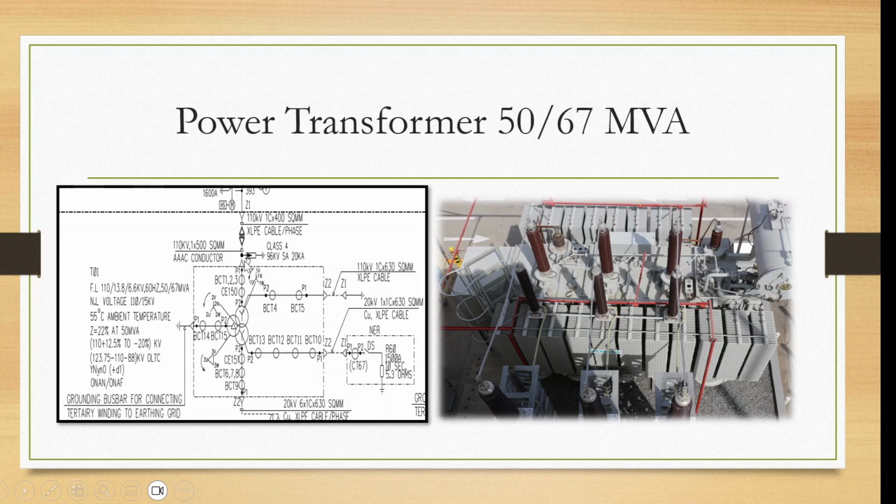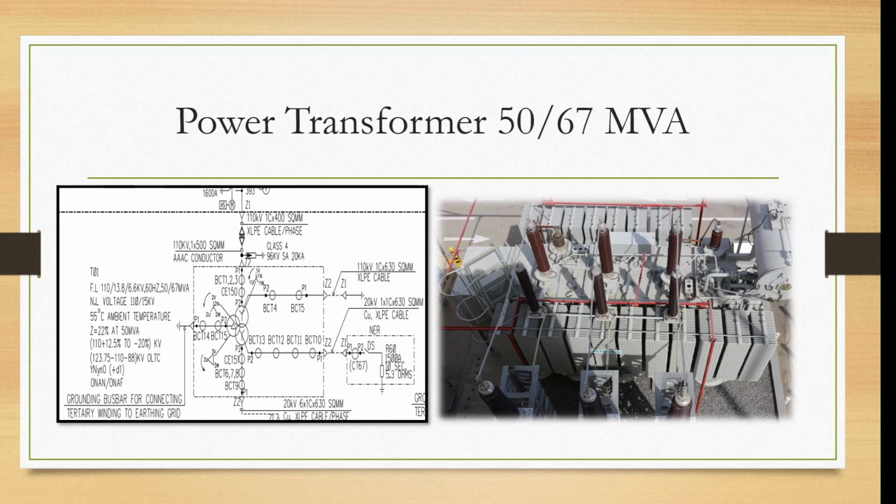If you go further, you will see the surge arresters. Then from the surge arresters, it goes inside the body of the transformer, and this is a star-star connection. The primary is star, the secondary is star. You can see here BCT 1, 2, 3.